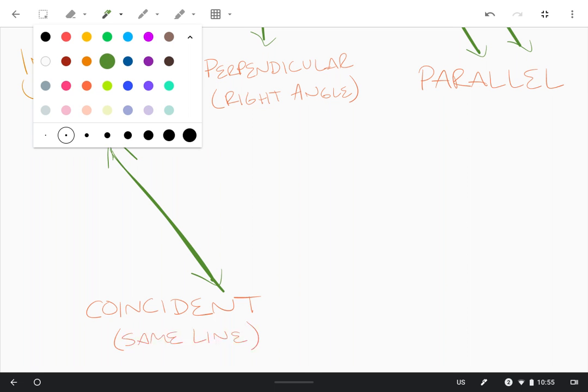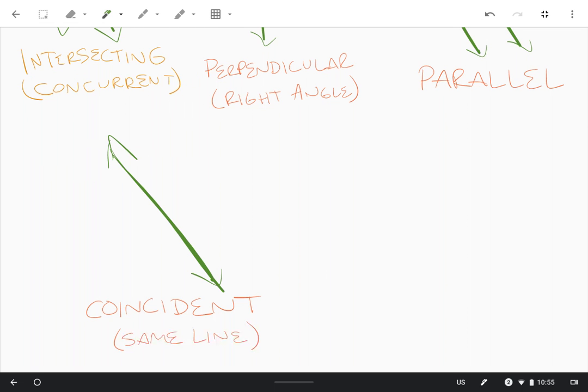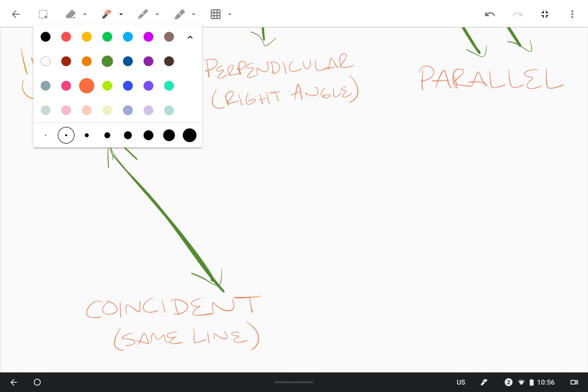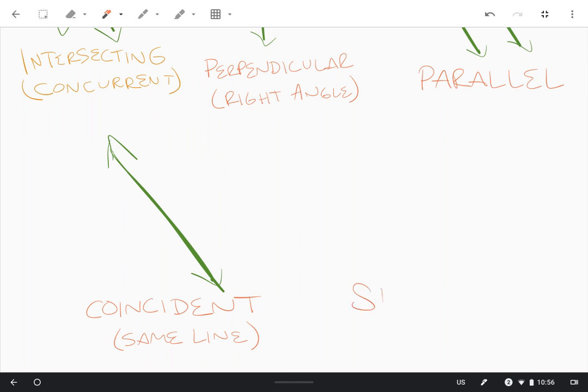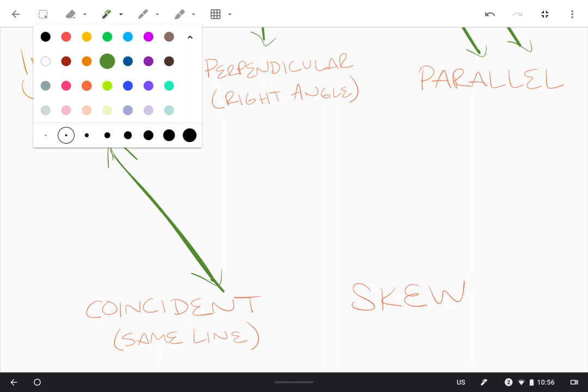All right, and then lastly, we have a unique case. That's what we call skew. Go and write down the name first here. So skew lines are difficult to draw on a flat surface, but I'll try to post some diagrams in the notes.